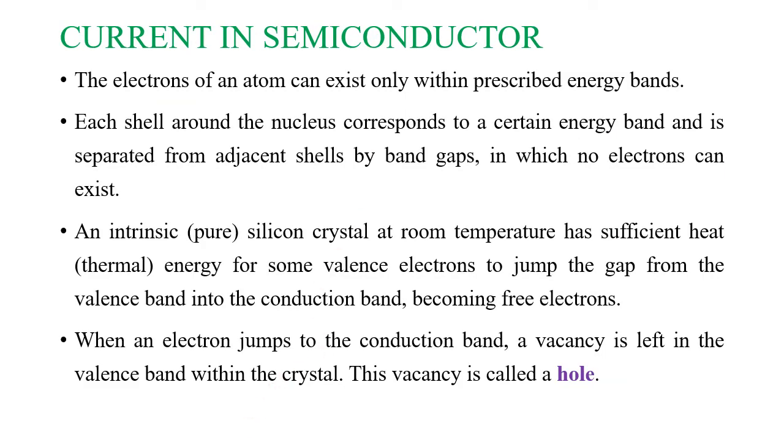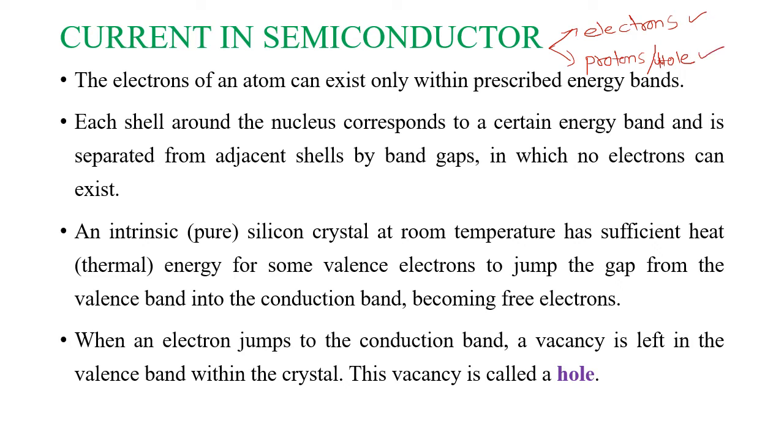All right, current in semiconductor. So the current in a semiconductor can be either due to the flow of electrons or due to the flow of holes, or here we are saying as a whole, we can say the current due to electrons or the current due to holes.